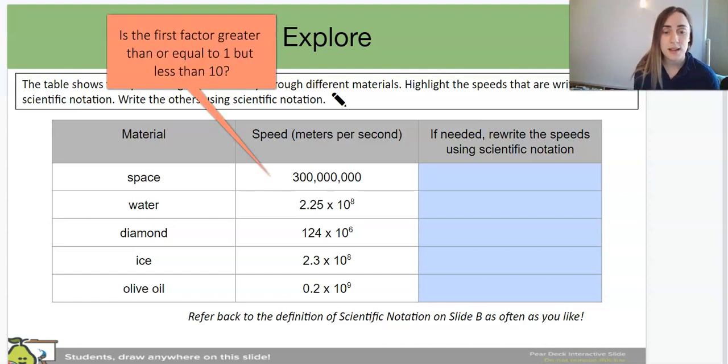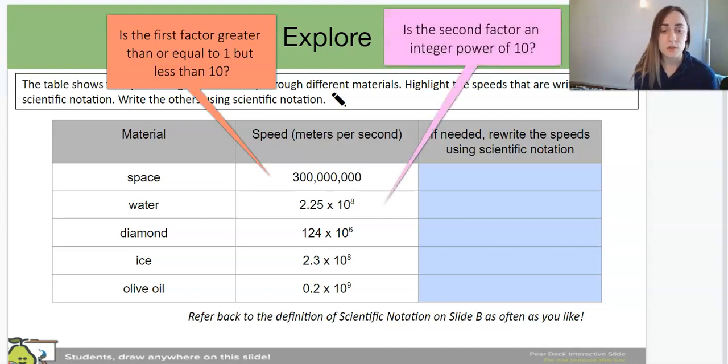So first, check to see, is my first factor greater than or equal to 1 but less than 10? So narrow it down to the numbers that go along with that qualification. And then secondly, it has to be raised to an integer power of 10. So now you should have highlighted whatever numbers meet both of those qualifications.